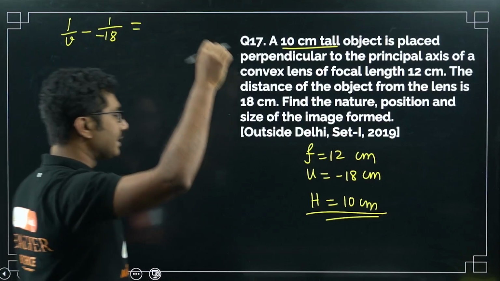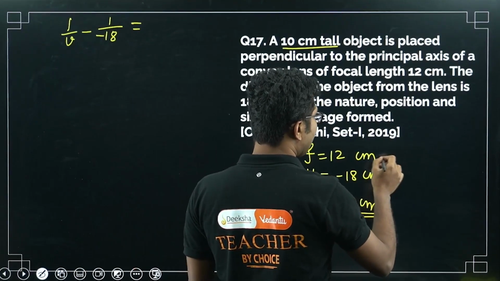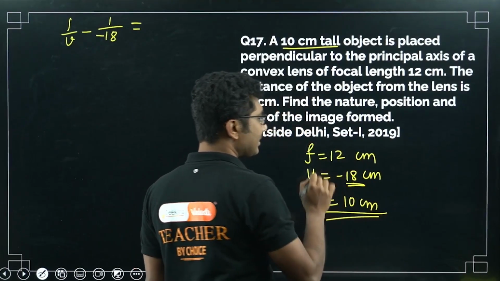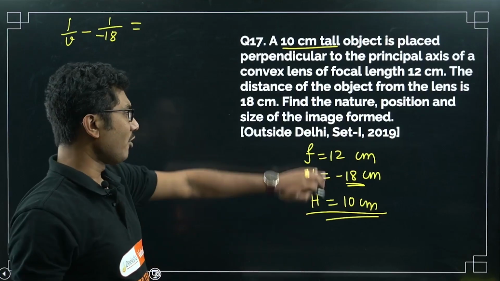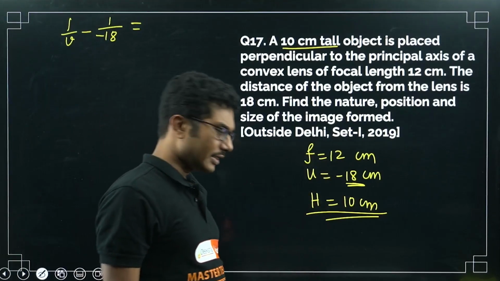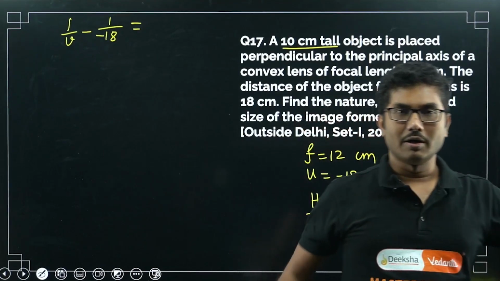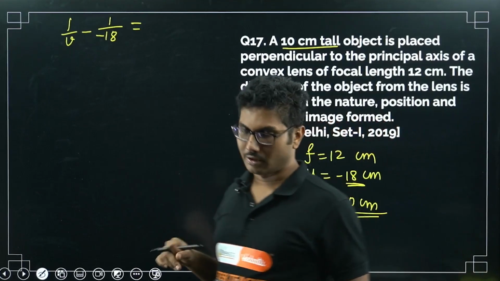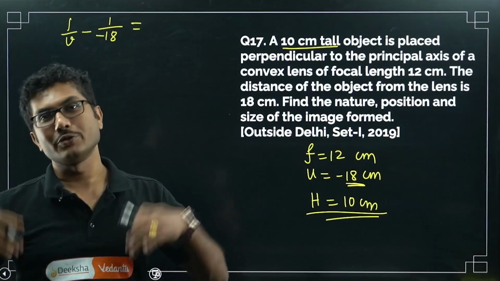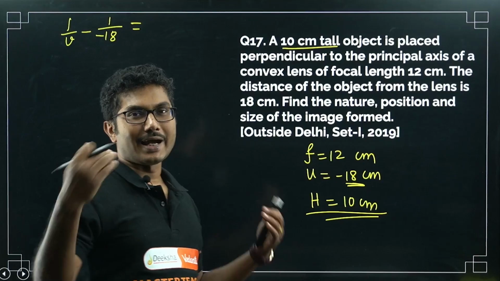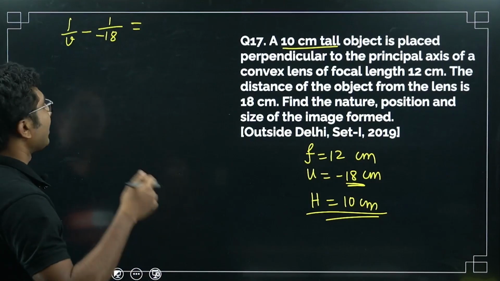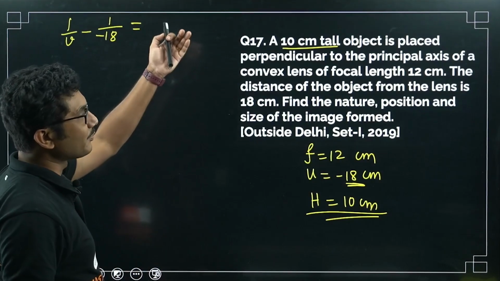Always check one thing before doing anything: whether the object distance is double the focal length. If the object distance is double the focal length, then 99% of your problem is solved. Then you can directly write V is also double the focal length, and magnification will be 1, so whatever the size of the object, the image is the same size.